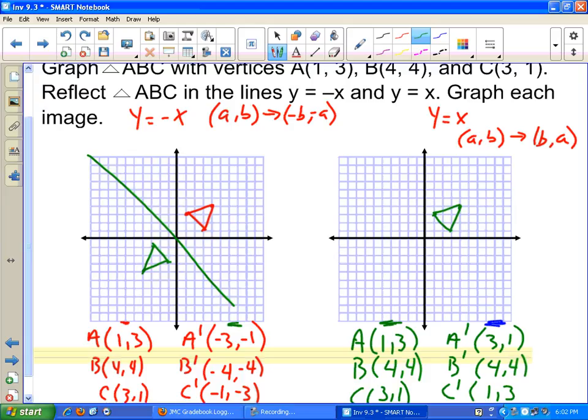Play connect the dots. Then we'll do our other one, which will be over 3, up 1. Then we'll be up here. And then we'll be right there. Same one.